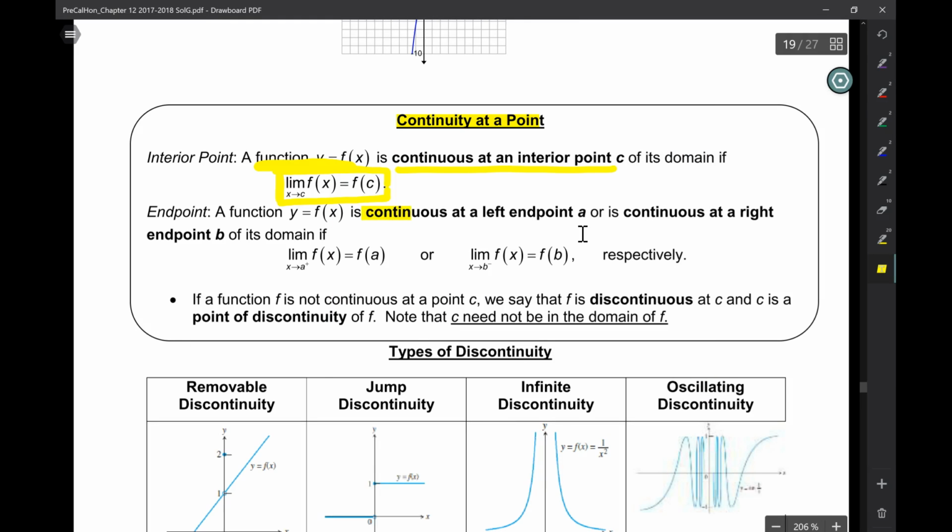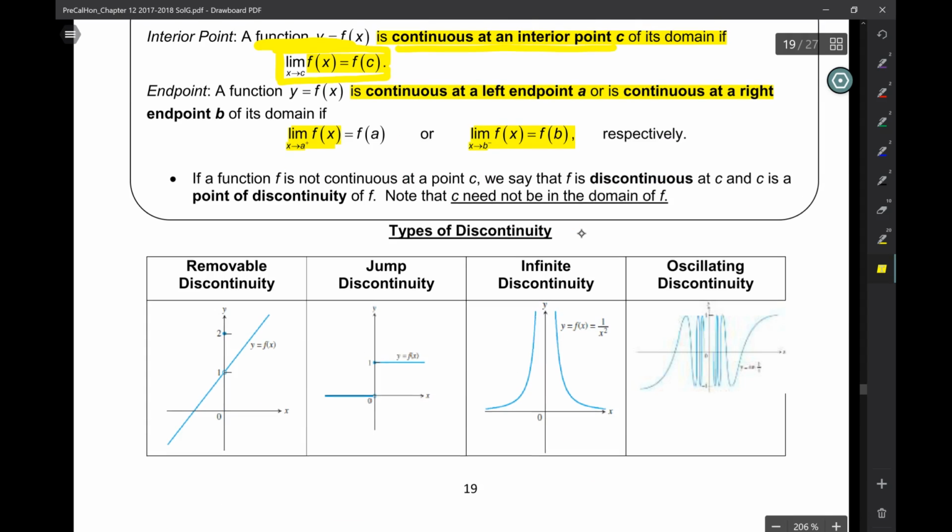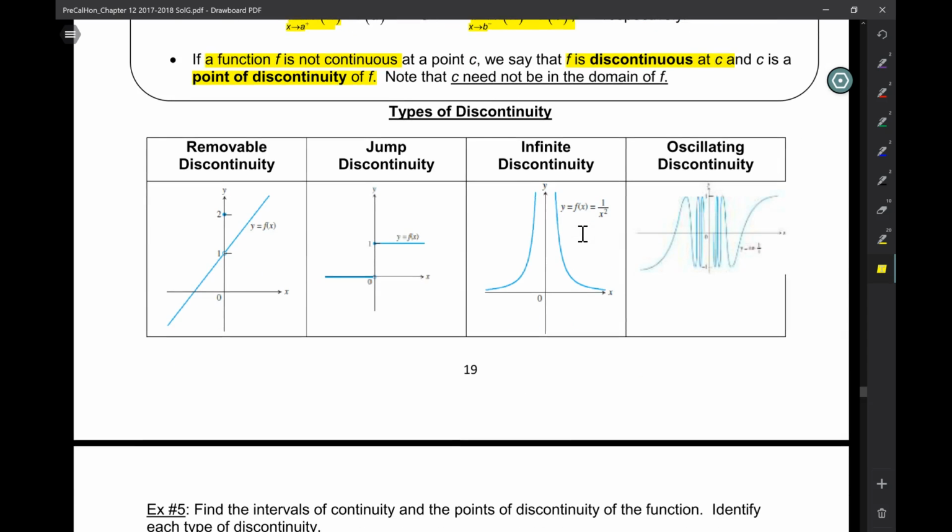That's what all this says. Now, if a function is not continuous, it's discontinuous at c, and c is a point of discontinuity. There are 4 types of discontinuities: removable, jump, infinite.